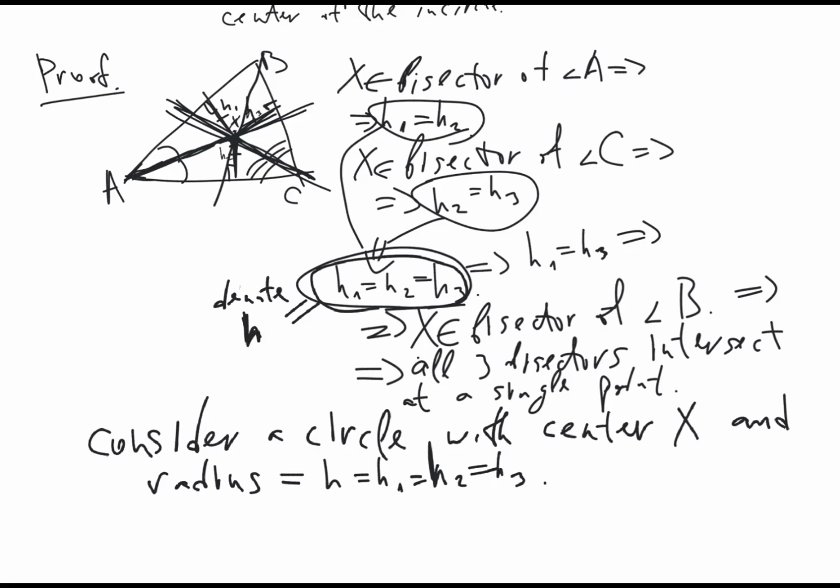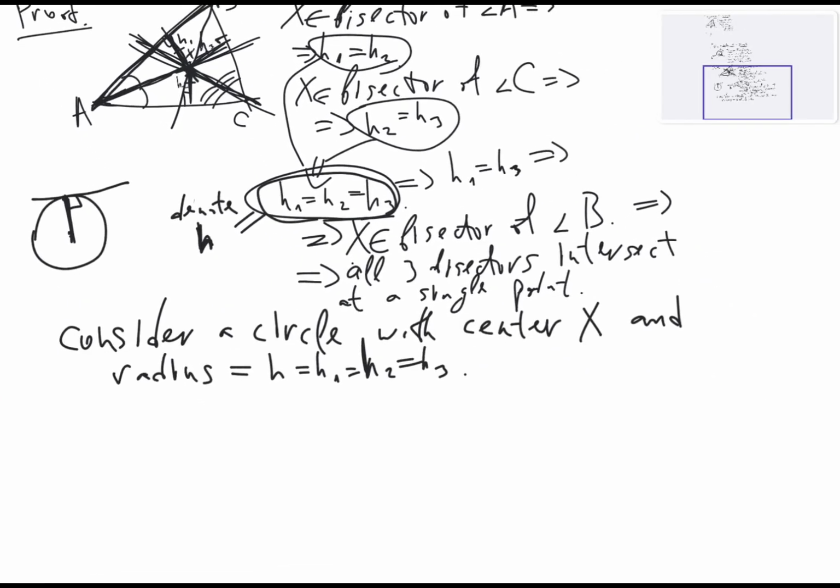Then we use the property that if we have a circle and a point on the circle, and a line that is perpendicular to the radius at this point, then it is a tangent. So there is such a property.